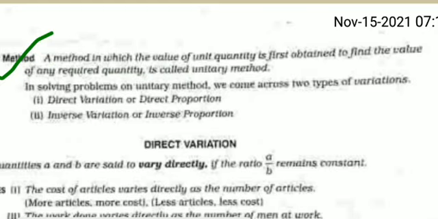A method in which the value of unit quantity is first obtained, and after getting the result, this is used to find the value of any required quantity. So a method in which the value of unit quantity is first obtained to find the value of any required quantity is called unitary method. Okay.